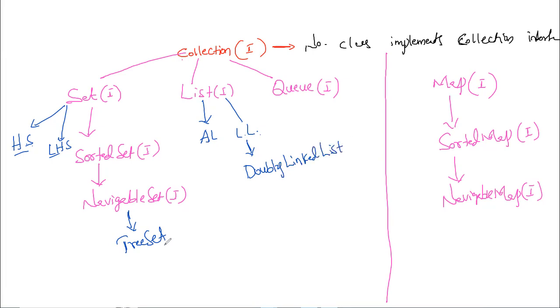DLL. When it comes to Map, what are the implemented classes? HashMap, and then LinkedHashMap. For Sorted and Navigable, TreeMap. So these are the implemented classes which we are going to discuss.